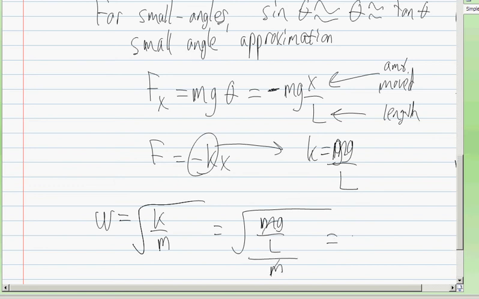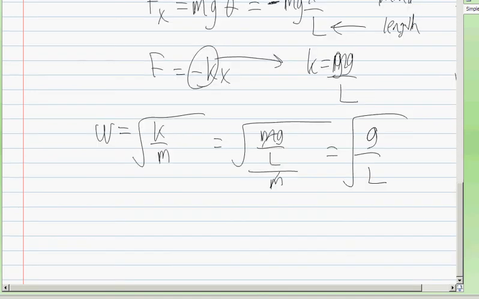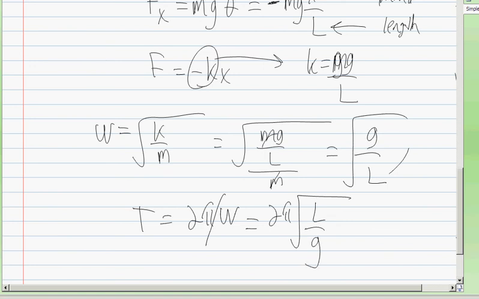Those m's divide out, and you get the square root of g over L. And since the period equals 2 pi divided by the angular frequency, we can say that it's 2 pi times the opposite of this, square root of L over g.